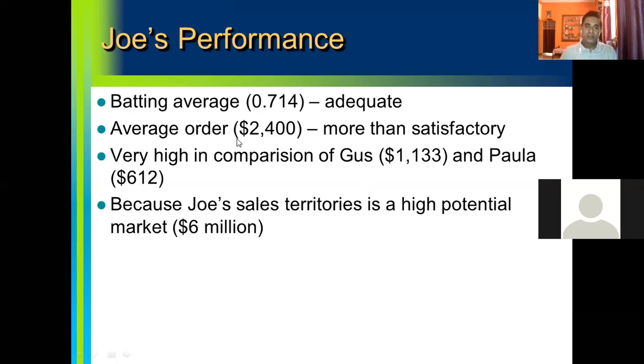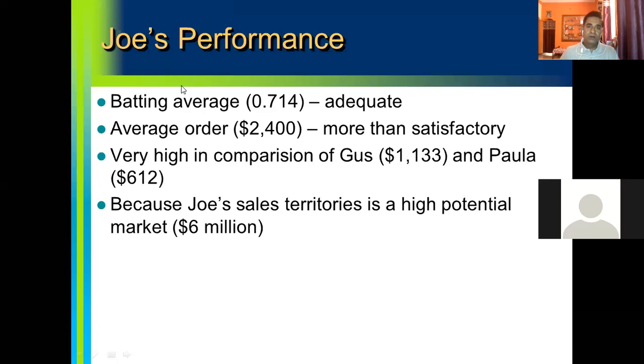The average order size of Joe is $2,400, which is more than satisfactory and very high in comparison to Gus Dean, whose average order is $1,133, and Paula, whose average order size is only $612. So Joe's average order is more than satisfactory and very high in comparison.